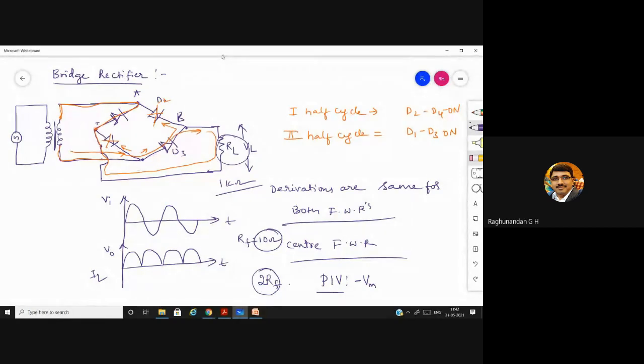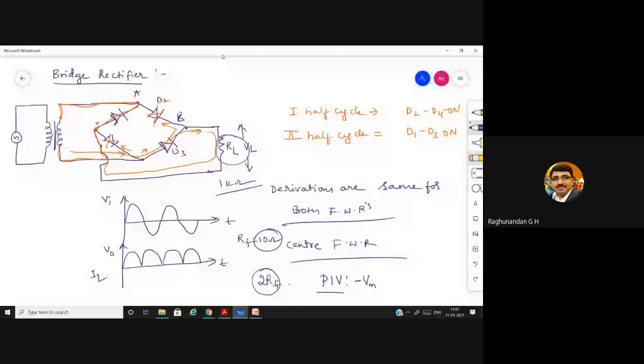Since this reverse voltage is shared among two diodes, it will be just minus Vm.